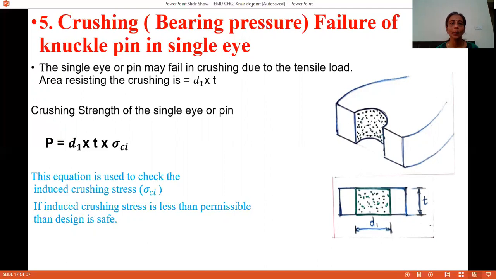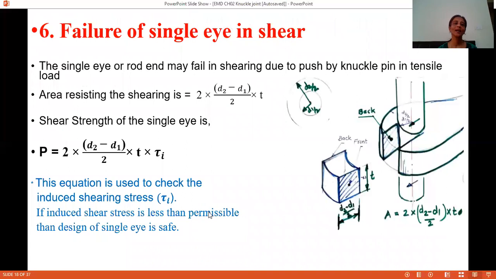So strength equation T is equal to d1 into t into sigma c induced. From this equation, we will find induced crushing stress, and for safe design, it should be less than permissible value.